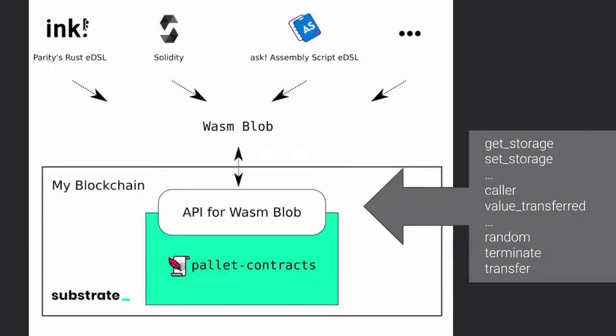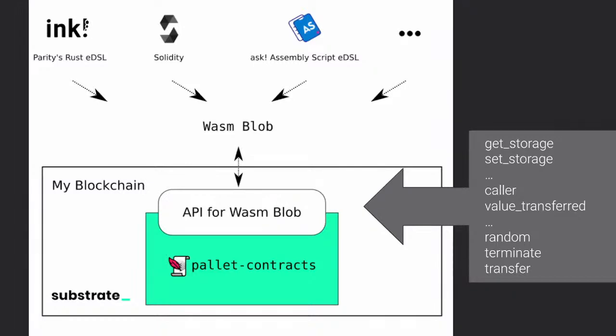If you are curious about this and you want to dive further, you would even be able to design your own compiler to WebAssembly. All you have to take care of is that finally the compiled WebAssembly code calls the right APIs from the contracts pallet for the smart contract execution.